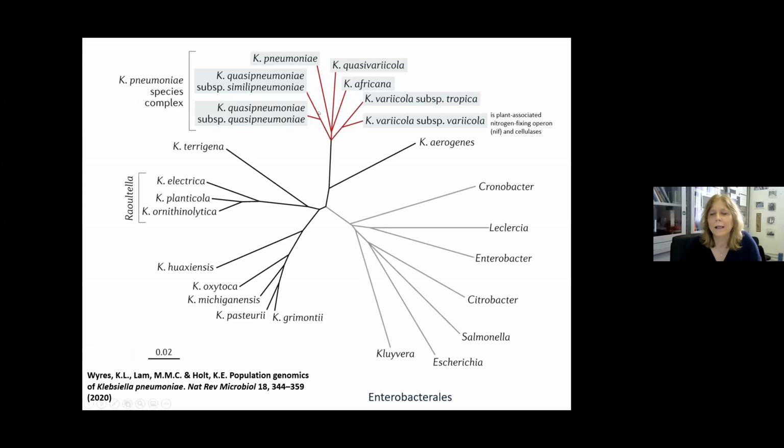Here it is, a phylogeny built by the group of Dr. Holt in Australia, who is doing nice work on the phylogeny of this species. You see it is an Enterobacterales, and there are other species that have an impact on human health, but surely the most relevant is Klebsiella pneumoniae.